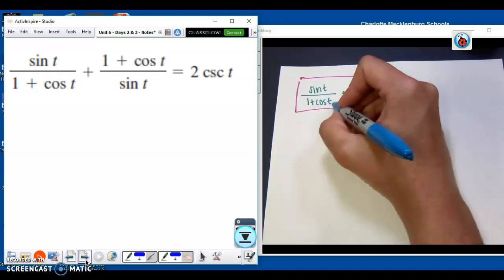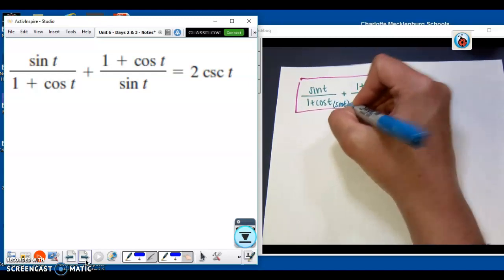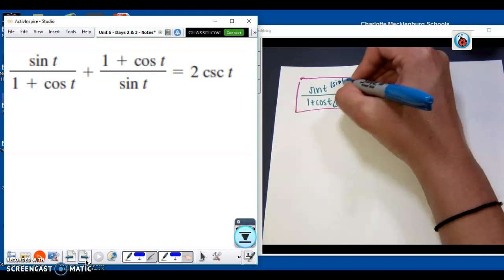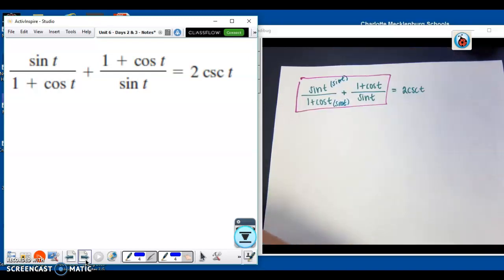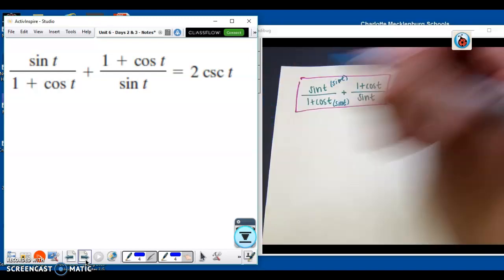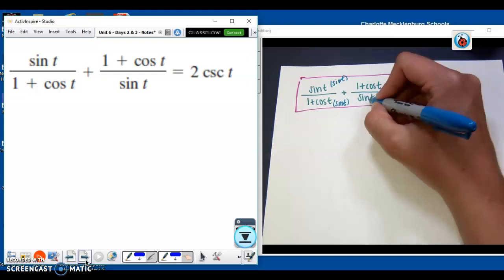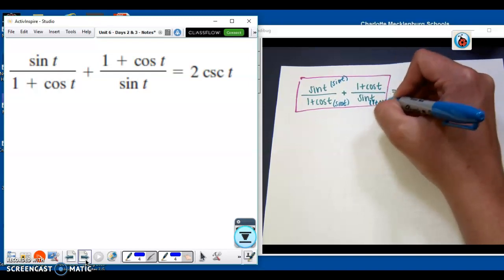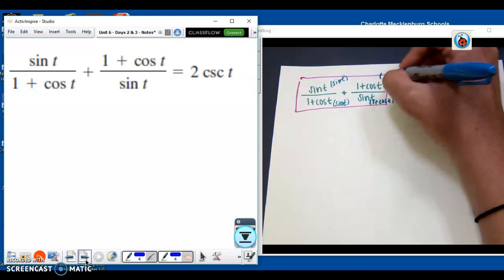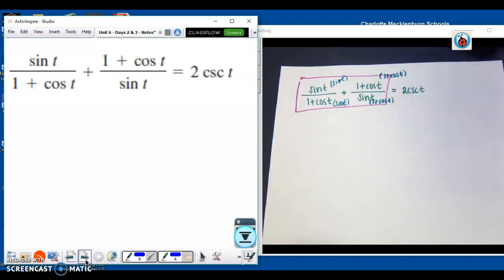So the first denominator is missing sine t. And guys, if you don't like the variable that they give you, like t is kind of hard to write sometimes, just change it to x, it's perfectly fine. And then for this denominator, missing 1 plus cosine t. Okay, so I'm going to have one big fraction.